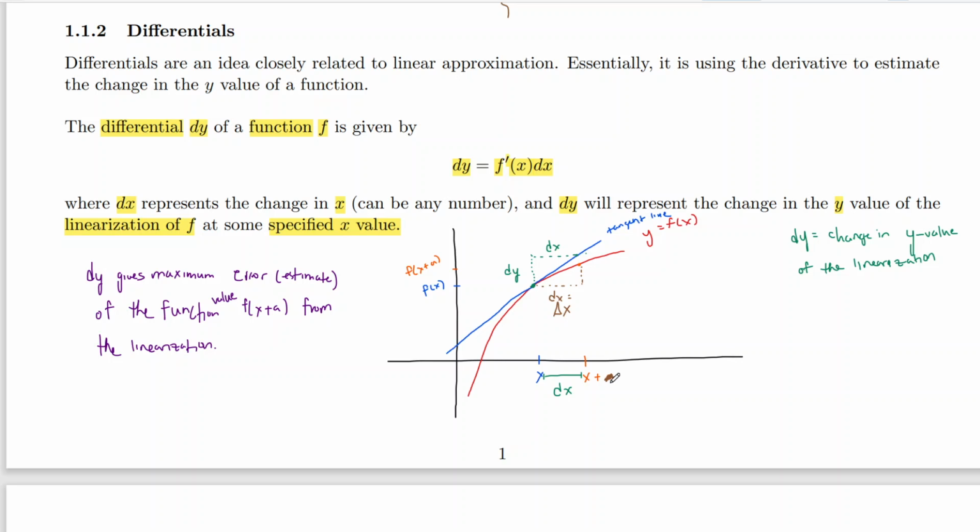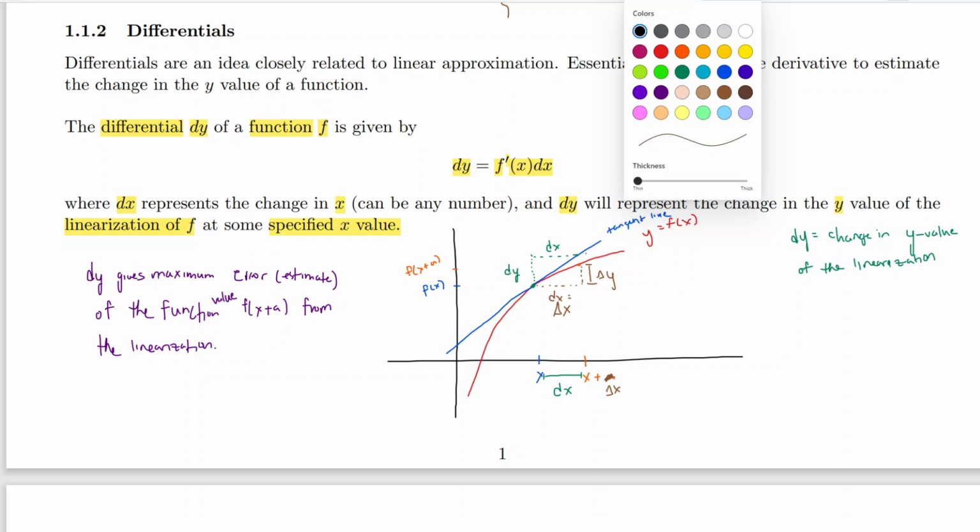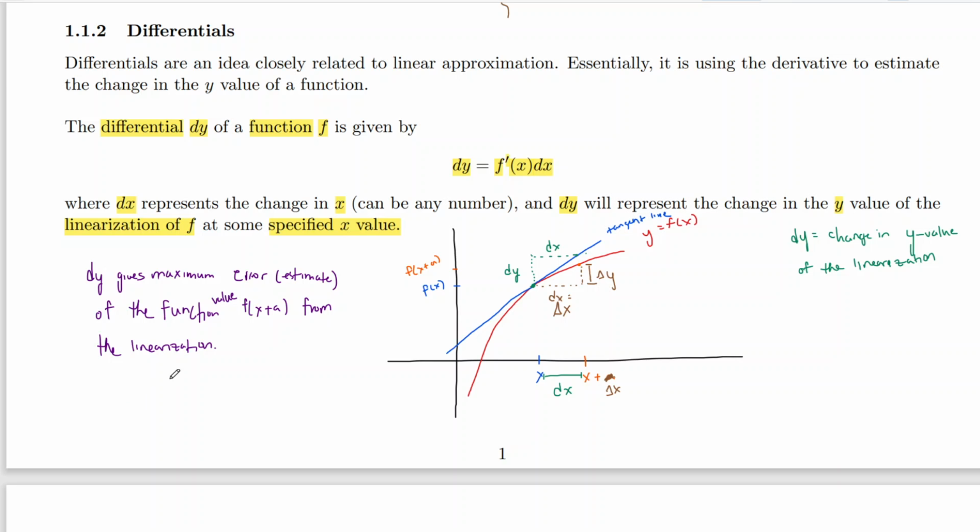Sometimes you'll see people, instead of writing x plus a, they'll write x plus delta x, which is fine. This is the change in y on the actual function, delta y. And delta y is represented by f of x plus a minus f of x. So really just to quantify all this, what it's saying is that we want to estimate the largest delta y can be using the differential.